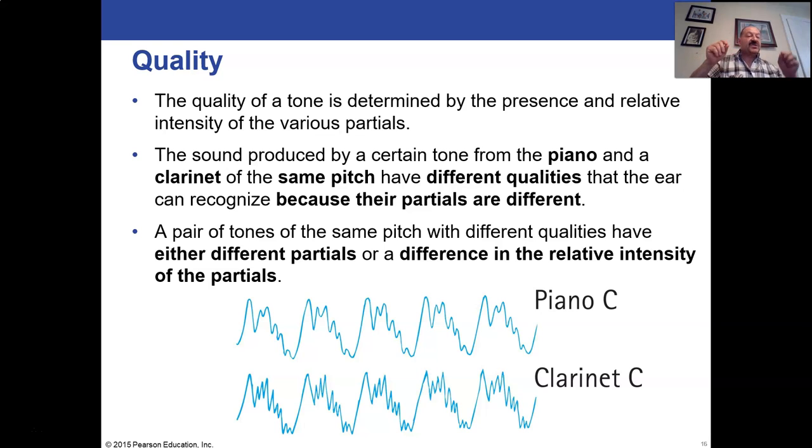Each one adds a different amplitude to the total wave pattern, so they end up with the same overall pattern of 5 per whatever this time is, but each one has little bumps and grooves here that give a different quality of sound to the human ear, and they make them sound like different musical instruments even when they're playing exactly the same fundamental note, the exact same bottom frequency.